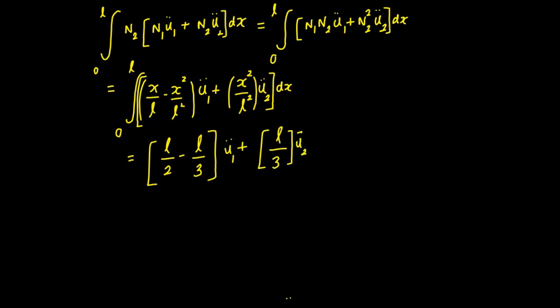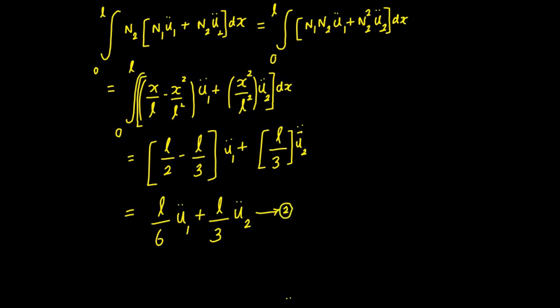If you take the LCM, you get L over 6 into u1 double dot plus L over 3 into u2 double dot. Now this is equation number 2.